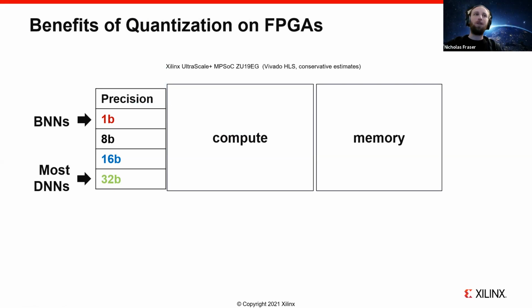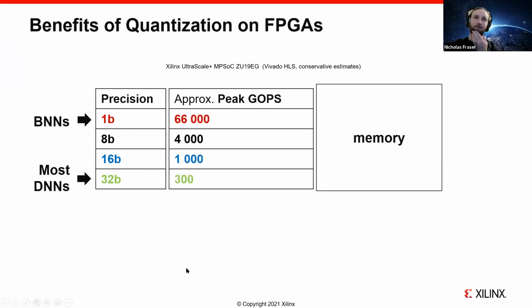And so here on the left, it's a little bit old now, but I still have a very, very large Xilinx FPGA. And basically what we've done here is we've worked out how many resources you would require to implement something like, on the bottom here, a 32-bit floating point multiply accumulate, compared with a multiply accumulate that you would get in a binary neural network.